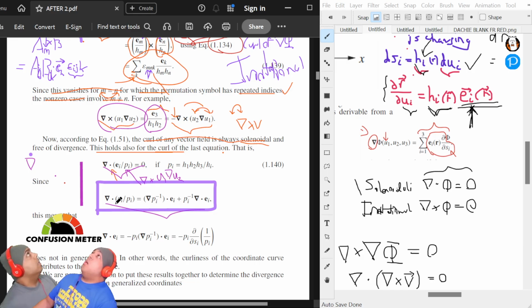Since this equals this, okay, the divergence of whatever this is. Let's bring this to the top. Dot, minus 1, equals the gradient of one guy.